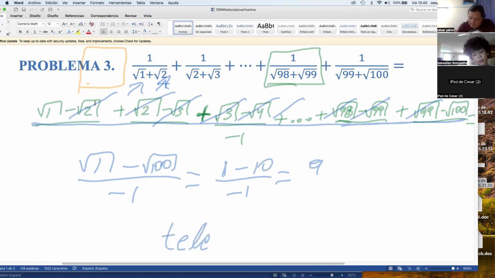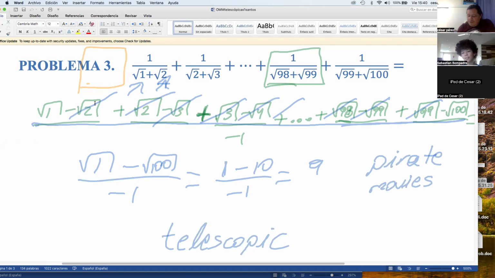Telescopic. Yes. Because, as you already said, in pirate movies they have a kind of telescope, and their telescope is something like this.